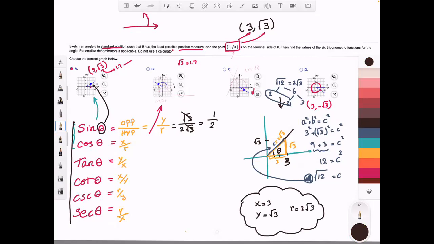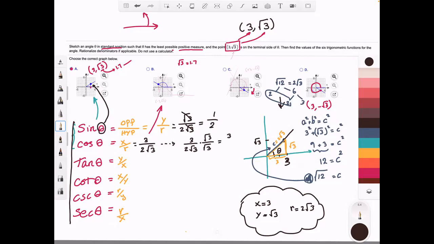Cosine theta is x over r. X is 3 over 2 radical 3. Unfortunately, we have radical 3 in the denominator. That means we need to irrationalize it. We need to multiply by radical 3 on top and radical 3 on the denominator.